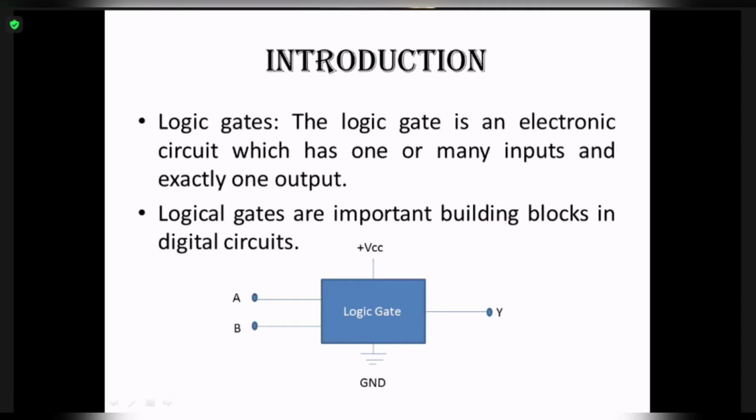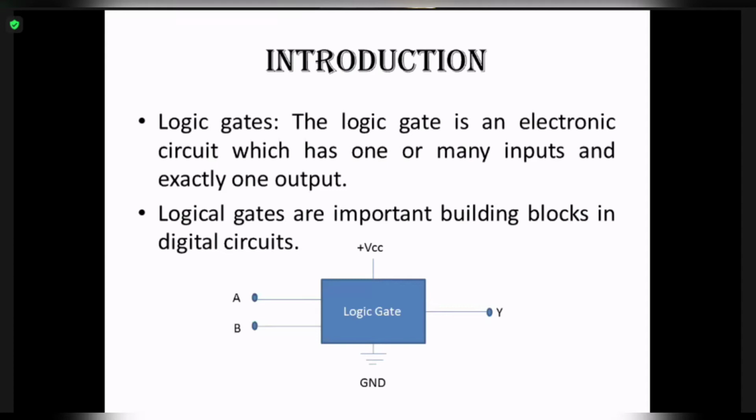Many inputs means multiple inputs are also possible. It can be 2, it can be 3, it can be 10, it can be any number. But whatever the number of inputs you provide, you will have exactly one output. Only one output is possible with the help of logic gates.